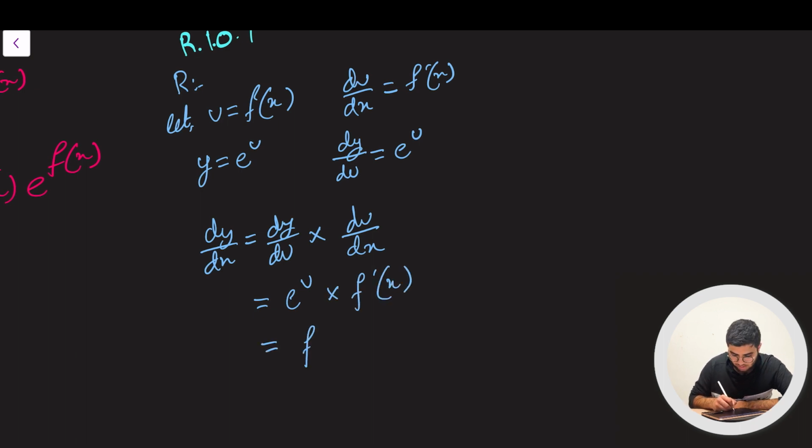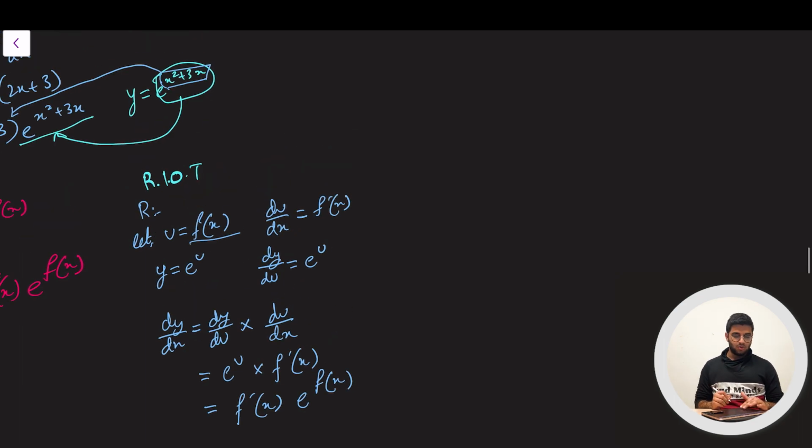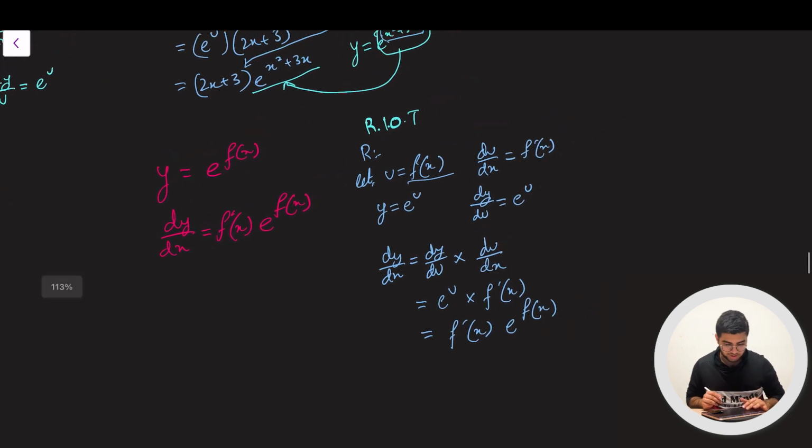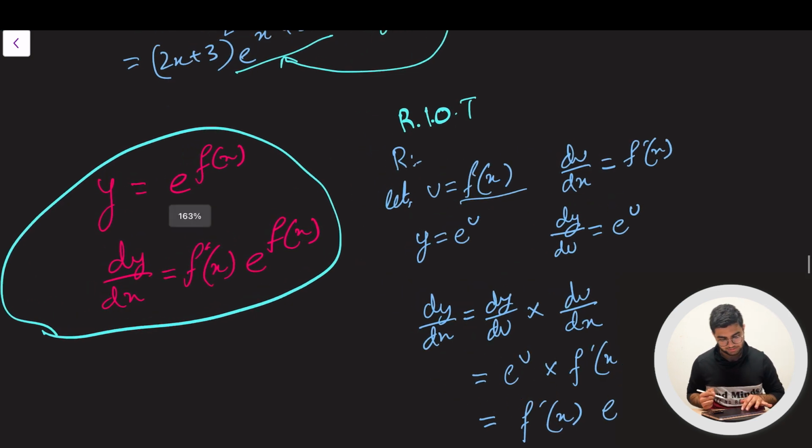And then again, we get rid of the u by substituting this back in, e to the f of x. So simple, we have proved our conjecture, and we know that this holds true for any f of x.